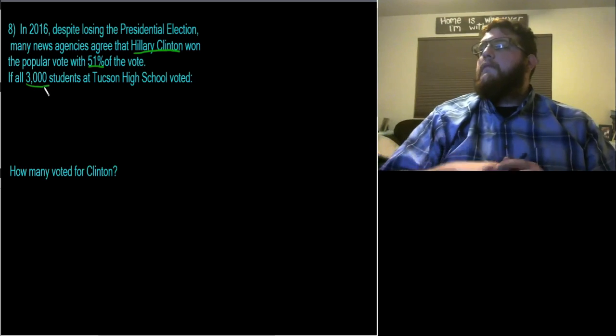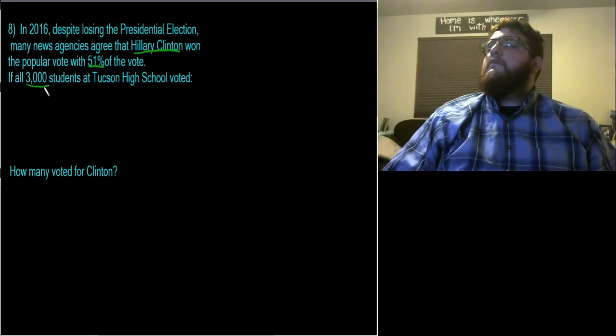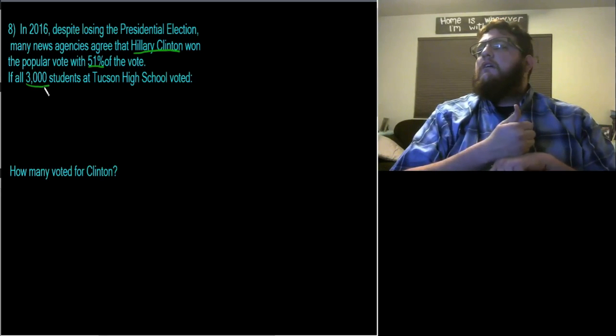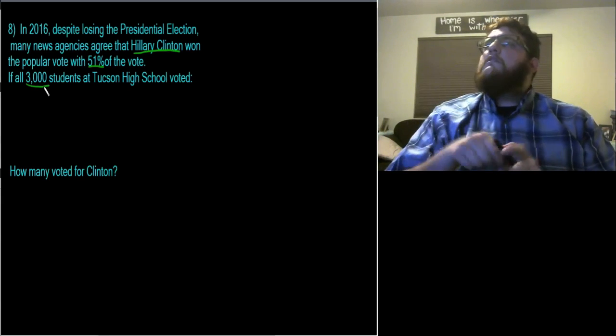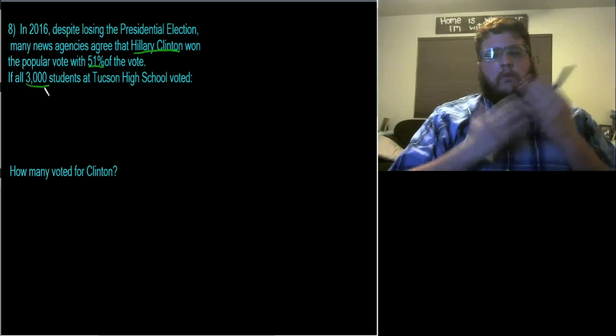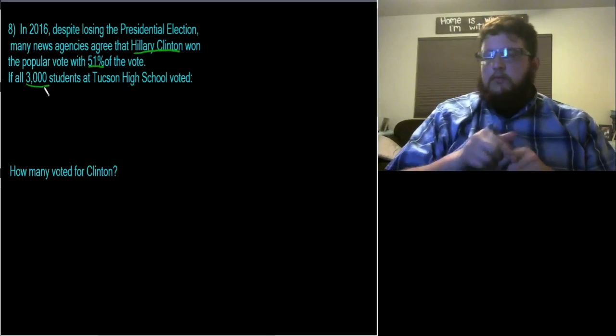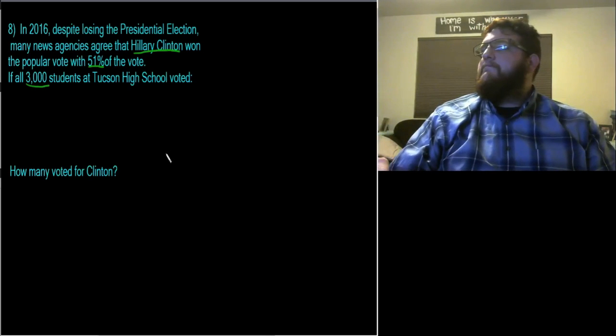So I'll just go ahead and underline some of the important information. We know that 51% of the people voted for Hillary Clinton, and that there are 3,000 students at Tucson High. So 51% is the partial percent, and we know that 100% is the whole percent. So we can go ahead and set up proportions.